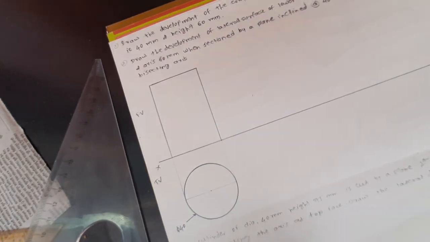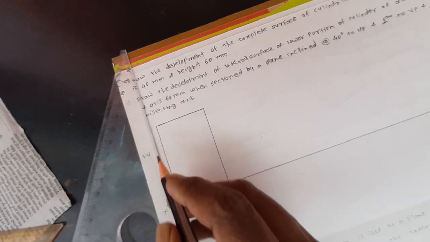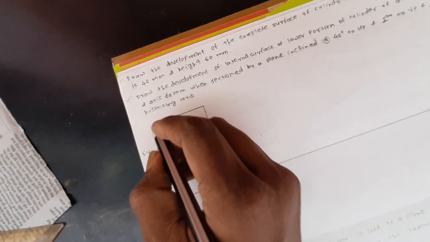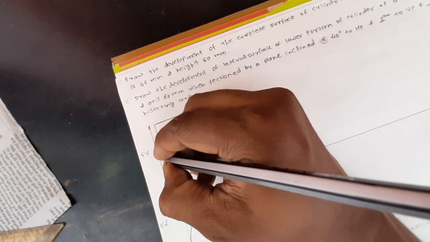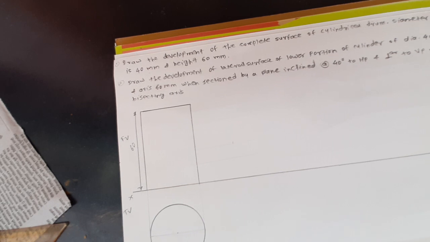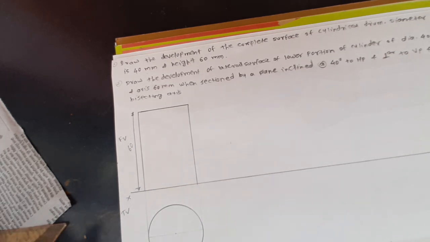The dimension of the circle we have already mentioned, 40. The dimension of this front view, the height, is 60 mm. Now we have to produce the development of the lateral surface.